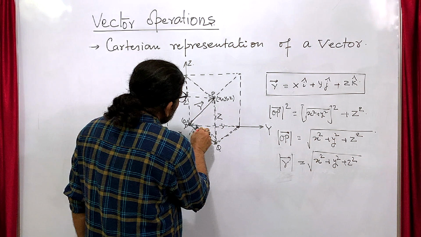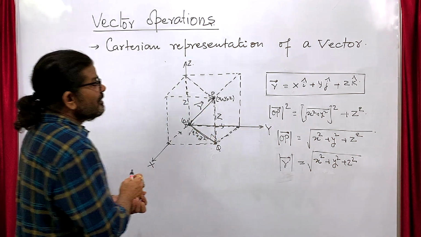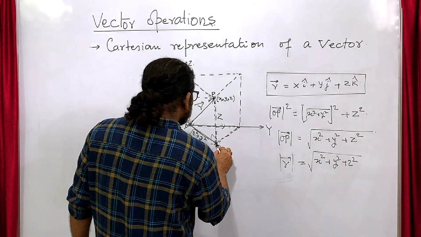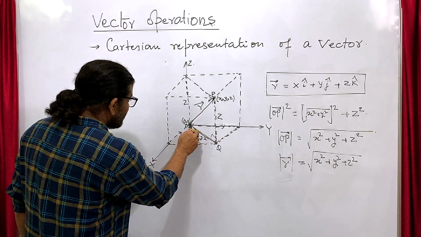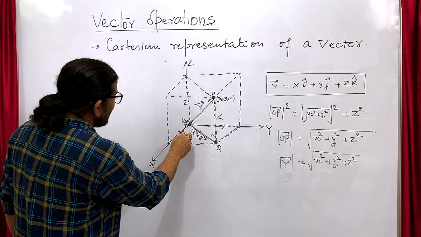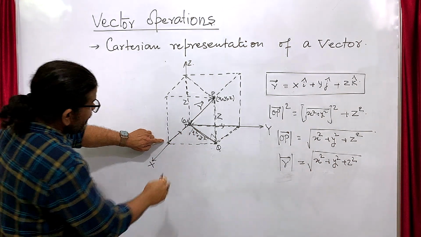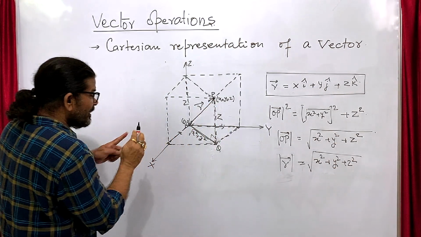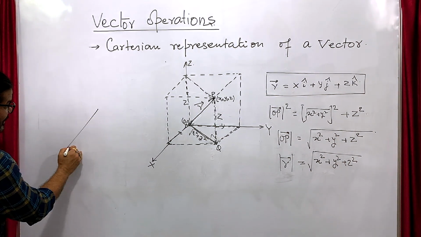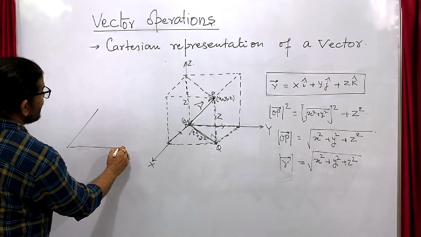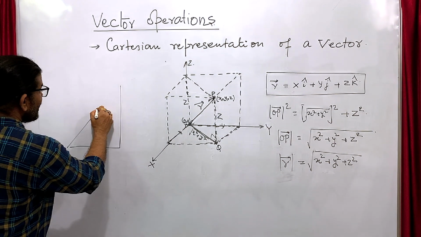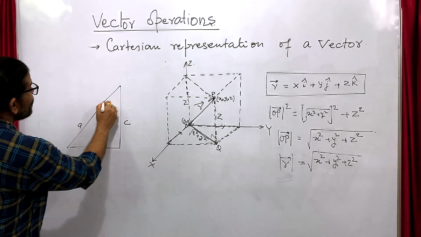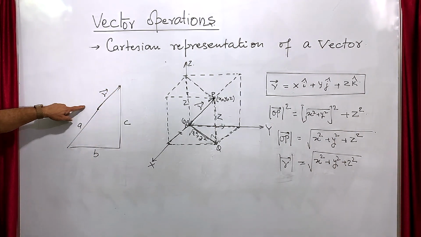This is the x vector, this is the y vector, and this is the z vector, and this is C. So this vector A plus B plus C is equal to this vector, the r vector.